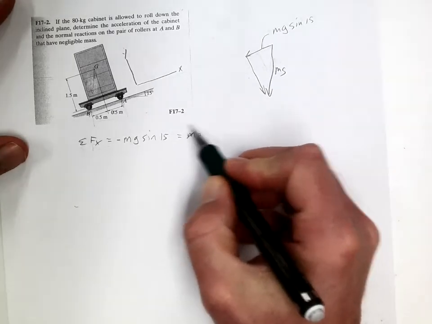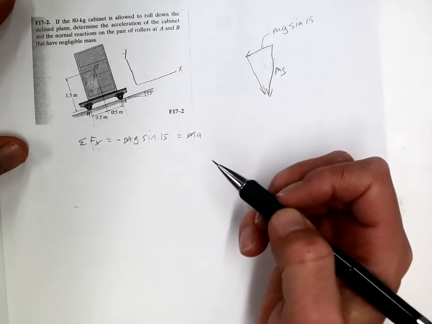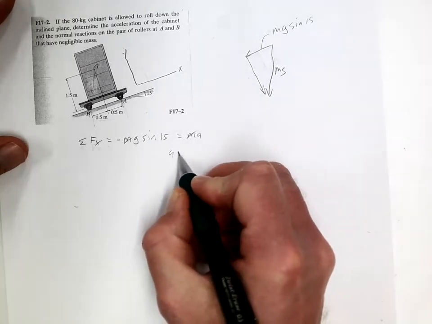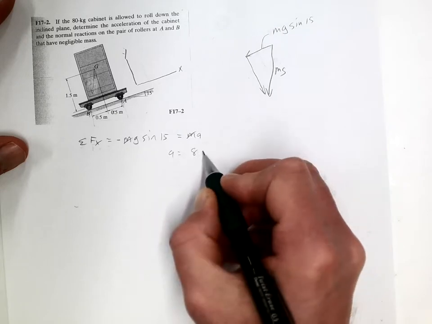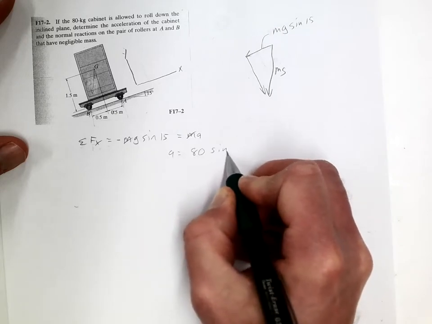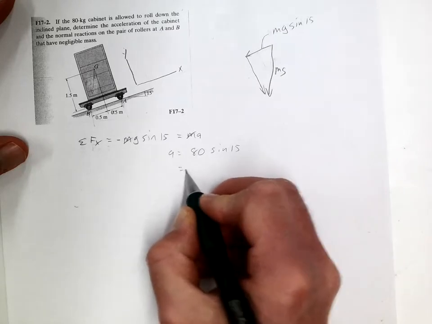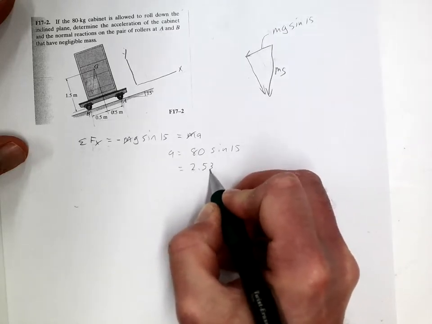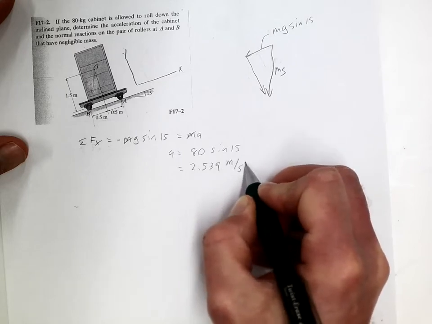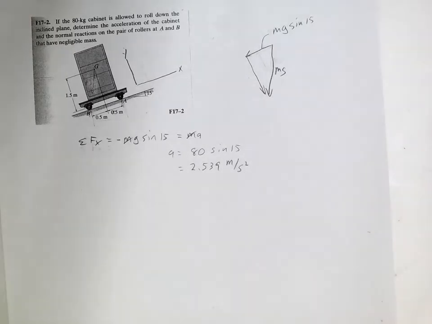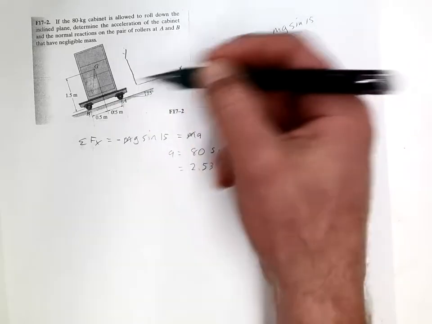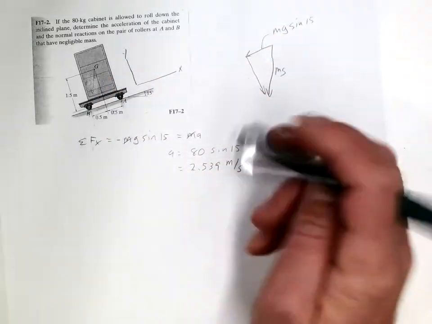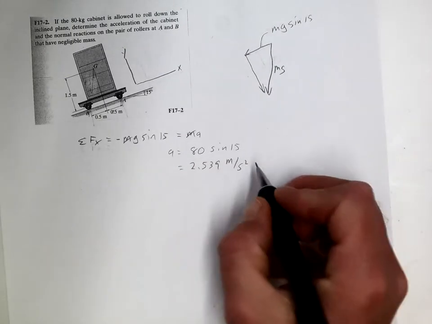The m's cancel. And a is equal to 80 sine 15, which is equal to 2.539 meters per second squared. Alright, and I'm just going to designate it that direction so we don't need the negative. I'll draw it there.